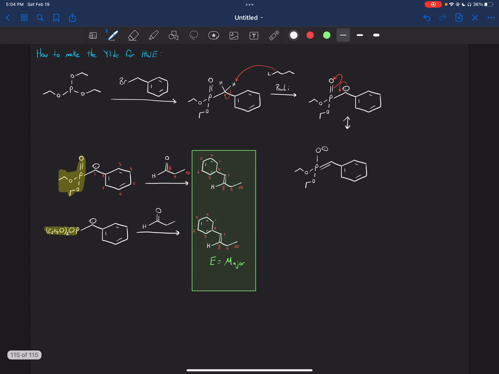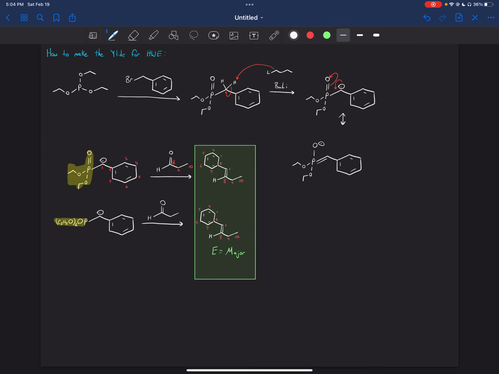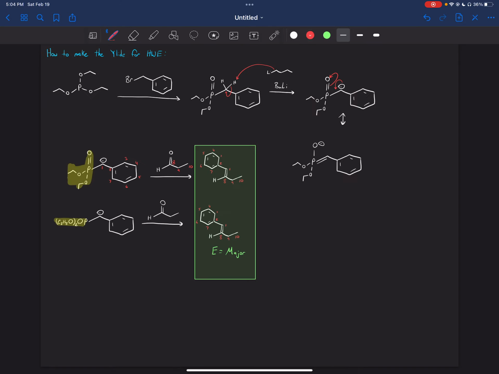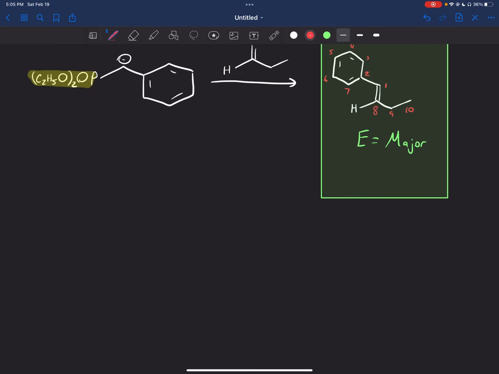But we're going to add a slight modification that allows us to get the Z isomer. So how would we write it out? In this case, the way you make the ylide is exactly the same, but instead of writing this, we write a slightly different version of it. So this is written out like this.